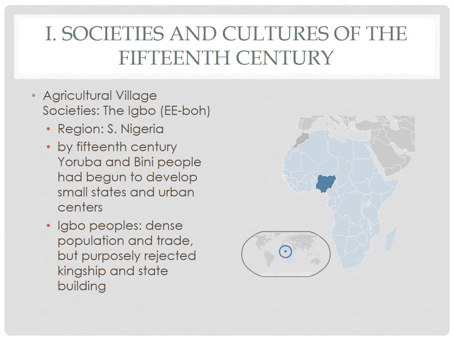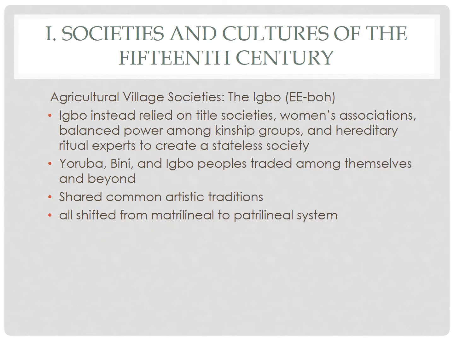They traded, but they purposely rejected kingship and state building, which is unique, as we'll see in this time period. Instead, they relied on titled societies, women's associations, and balanced their power among kingship groups and hereditary experts to create a stateless society. Basically, it's a really interesting construct.